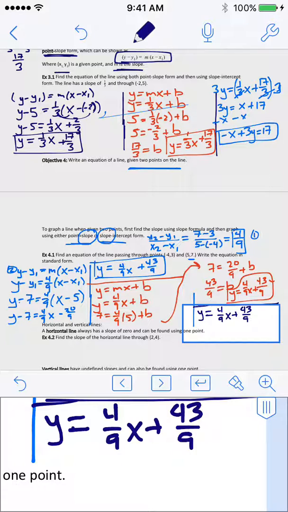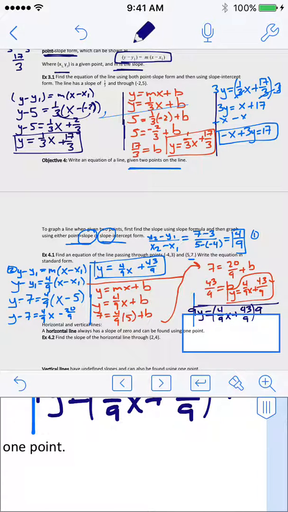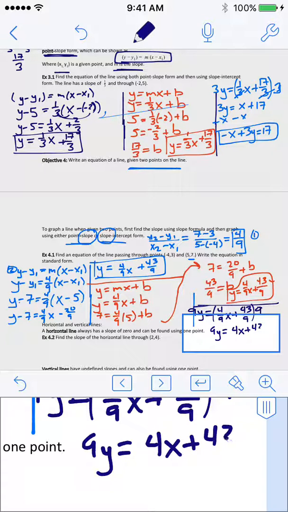If they don't match, you have to find something they have in common. But here, it's very easy to discern what we should multiply by. If I want to get rid of these 9s on the bottom, I can multiply by 9 on both sides. And I end up with 9y is equal to 4x plus 43. Those 9s just kind of go away, right? We've moved them over to the other side.